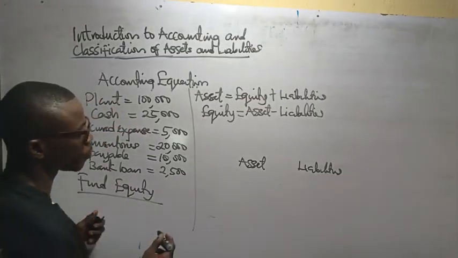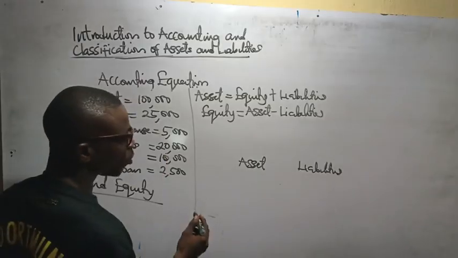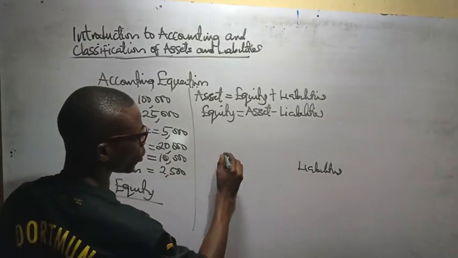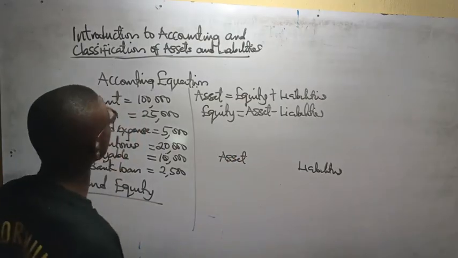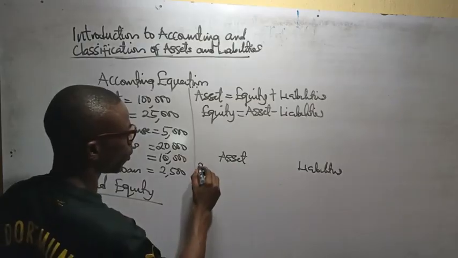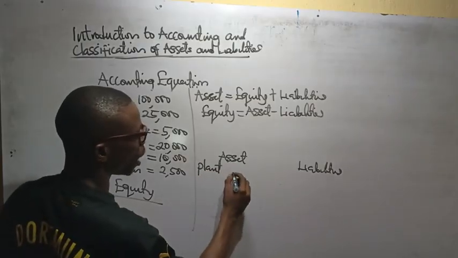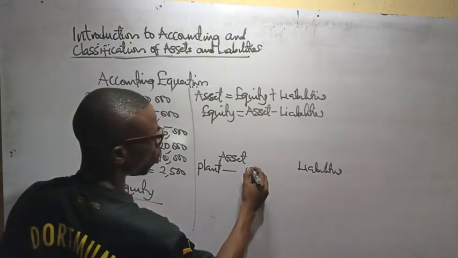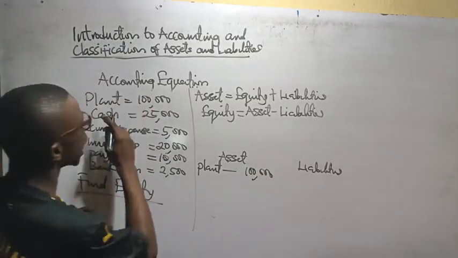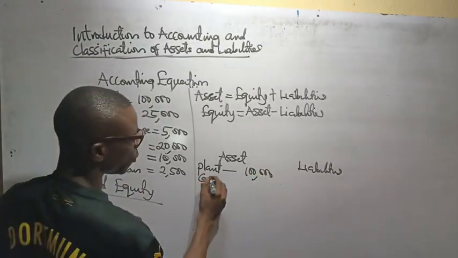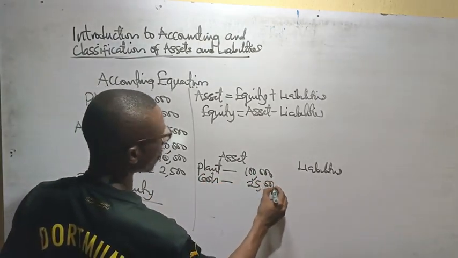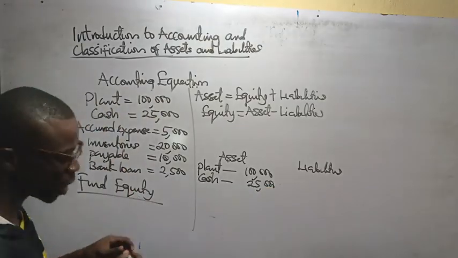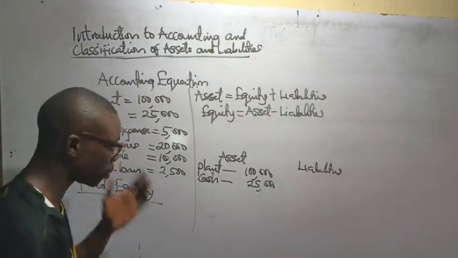Plant, is it an asset or liability? It's an asset. So we have plant, 100,000. Now cash, is it an asset? Yes, asset. How much is it? 25,000. Accrued expenses, is it an asset or liability?